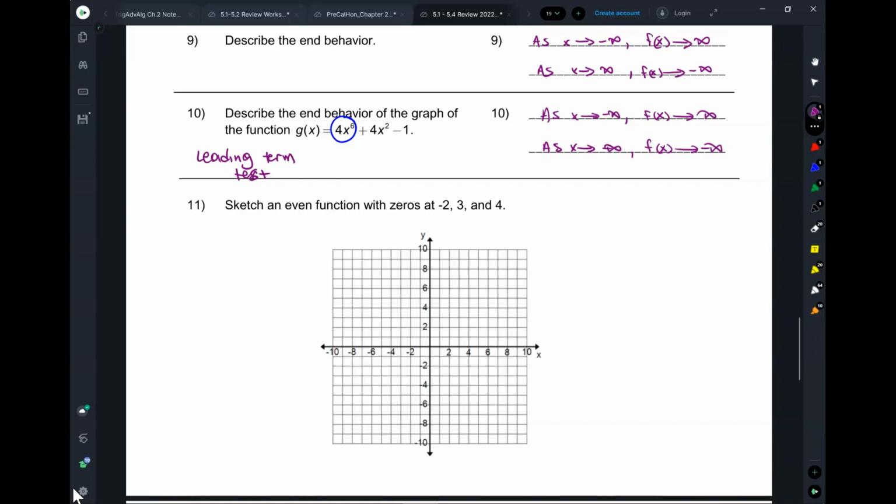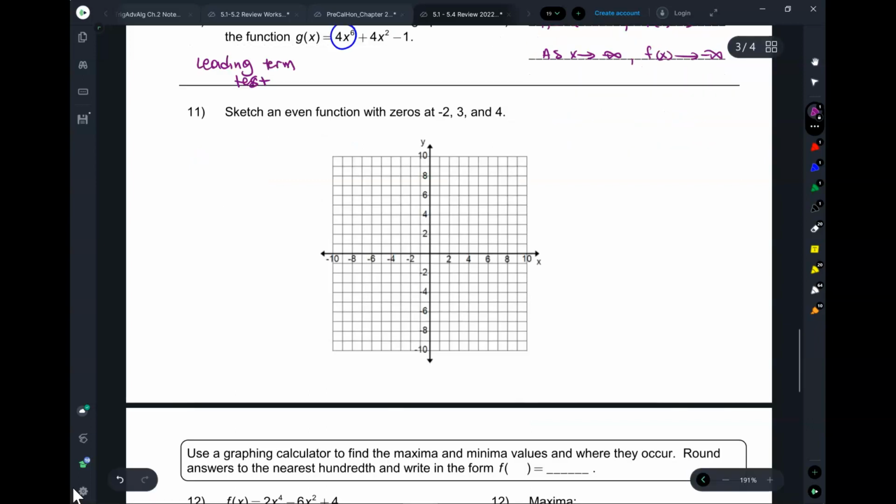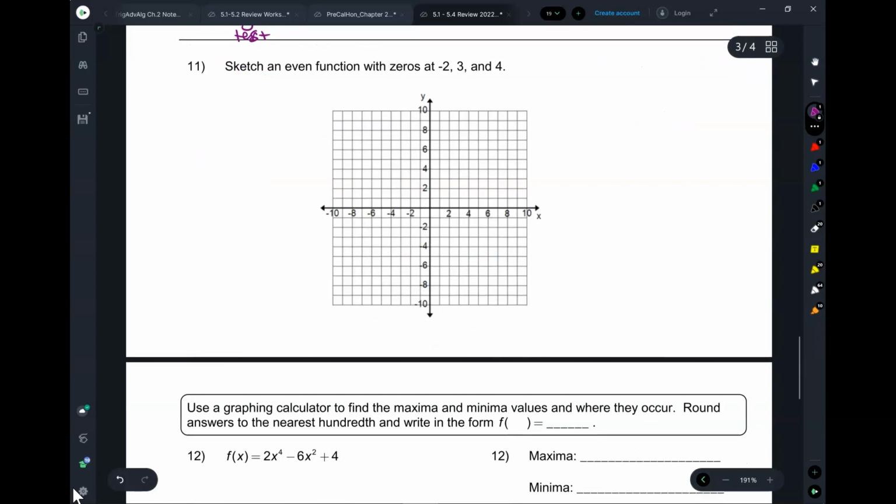Okay. So sketch an even function with zeros at these points. Okay. So we have a zero at -2, 3, and 4. Okay, even function, but it doesn't specify if it's a positive or a negative coefficient. So technically there are 2 possibilities.